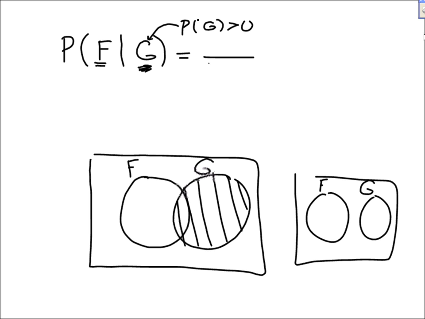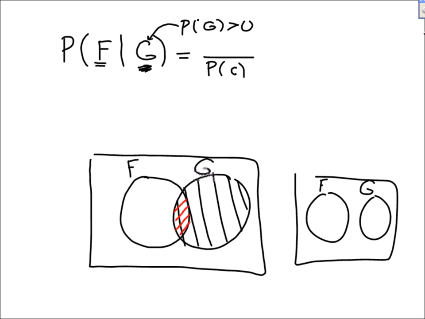So the denominator is the number of elements in the reduced sample space, and the denominator goes in the bottom. We can call that the probability of G. Now, we want F to happen. Well, if G has happened, the only way F can happen is if you're here in the red.